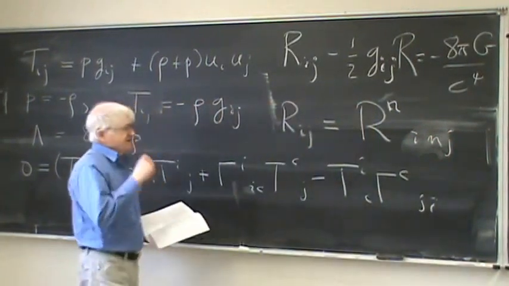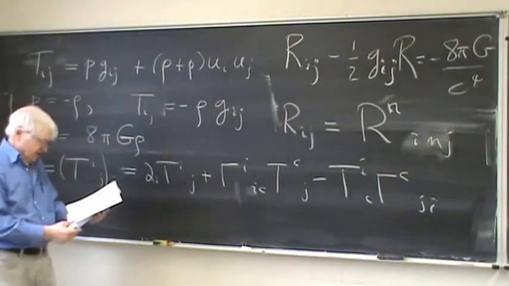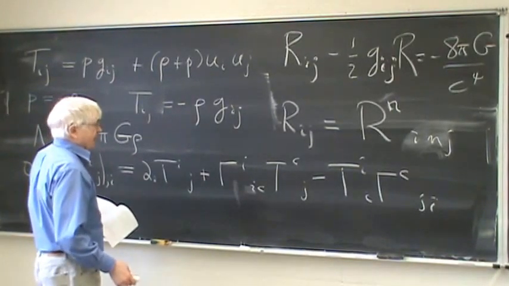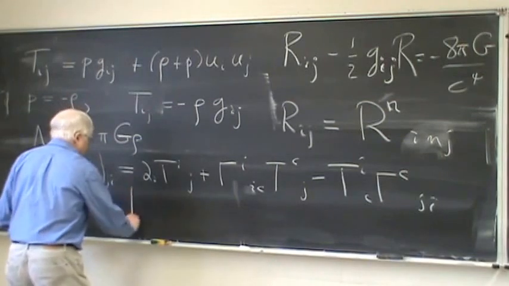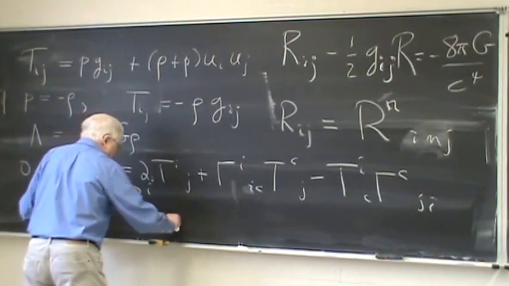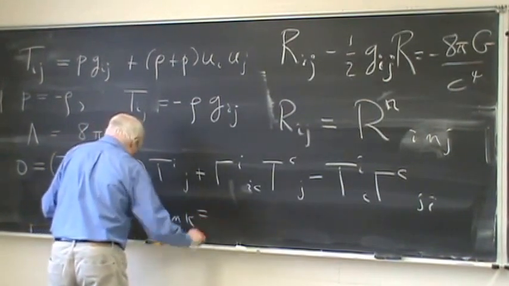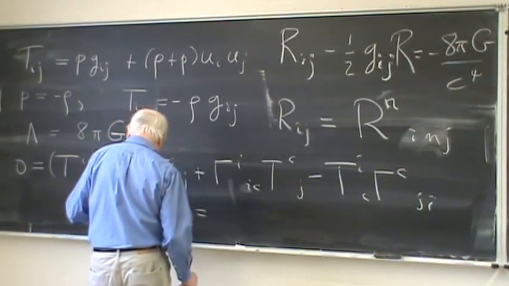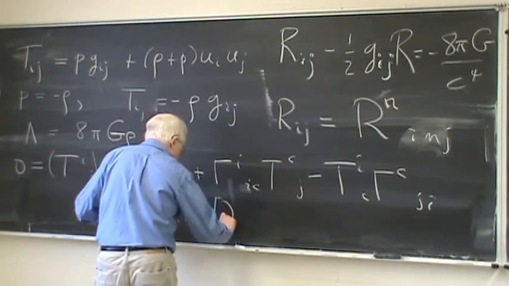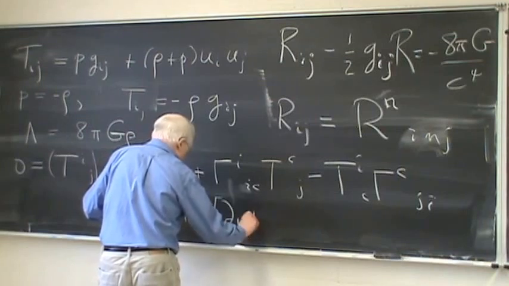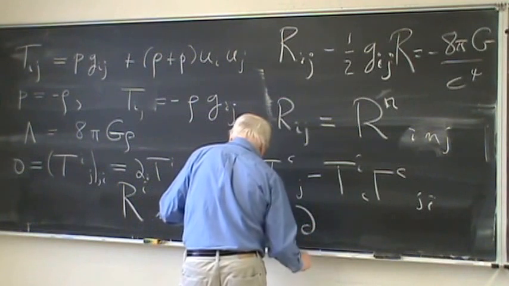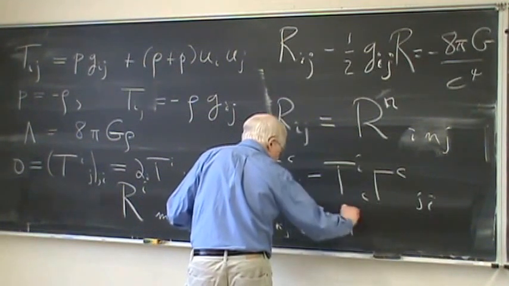Okay. So it's the trace of the curvature tensor, and remember the curvature tensor. The easiest way to write that is to say that R^i_mnk is, let's write it as a commutator of the kth derivative plus gamma k with the nth derivative plus gamma n.